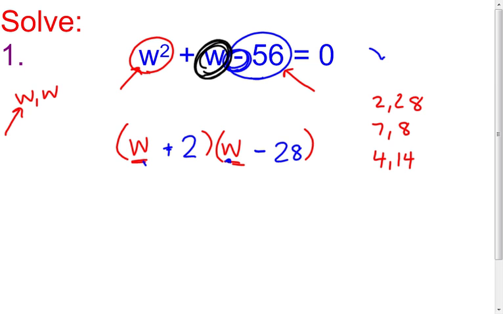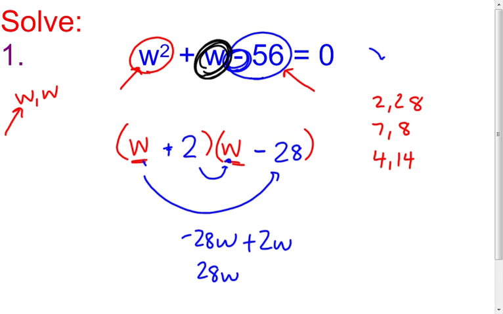Okay, when I check my outsides, I have negative 28W. When I check my insides, I have positive 2W, and so together that makes negative 26W. If I switch the 2 and the 28 around, all that will happen is I would have positive 28W and negative 2W. And either way, it doesn't matter.